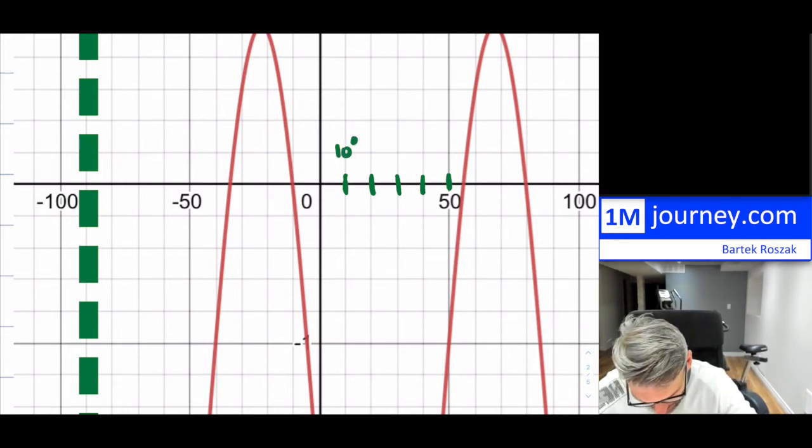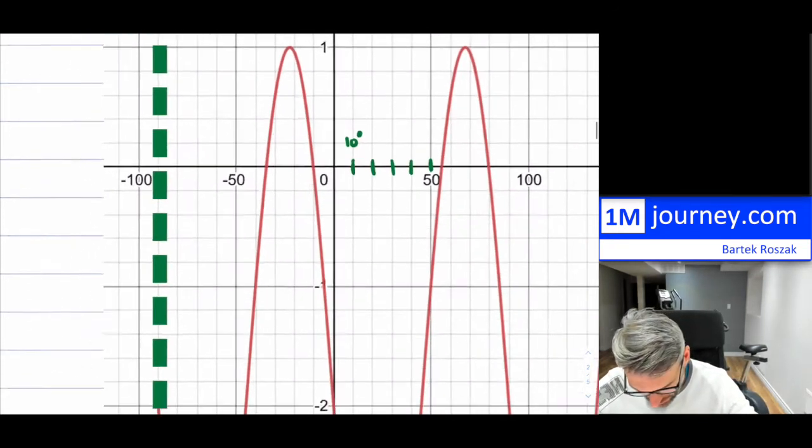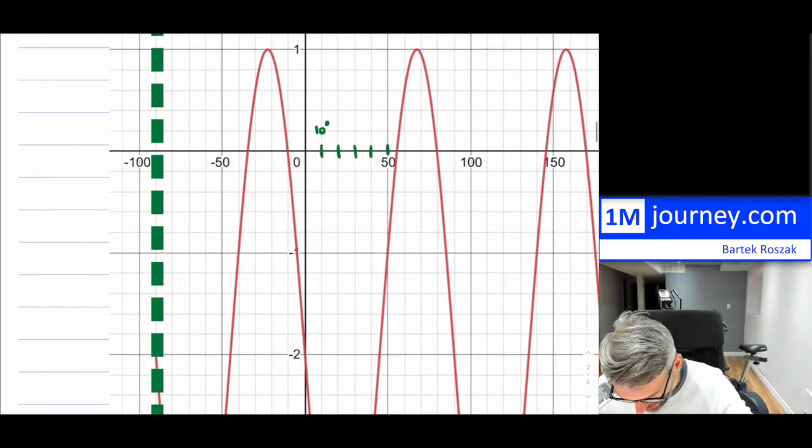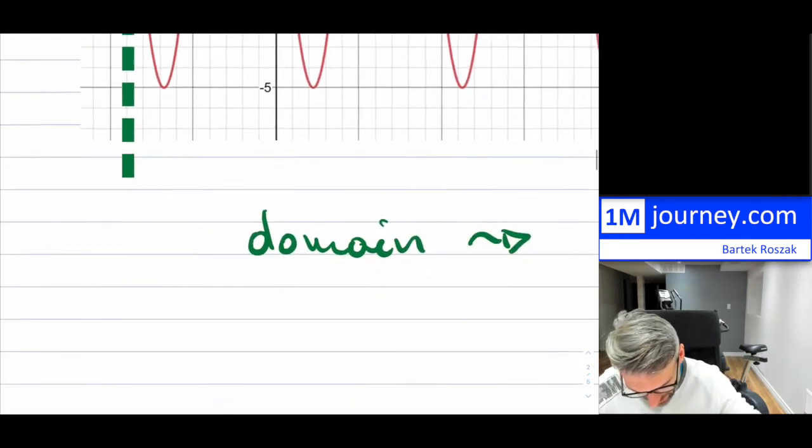That would have been 20 degrees, 30, 40, and 50. Now it stops, so I'm going negative 50, negative 60, negative 70, negative 80, negative 90. So it looks like it's from negative 90.